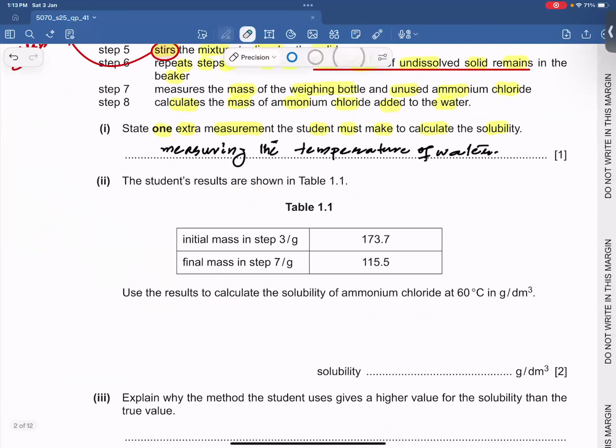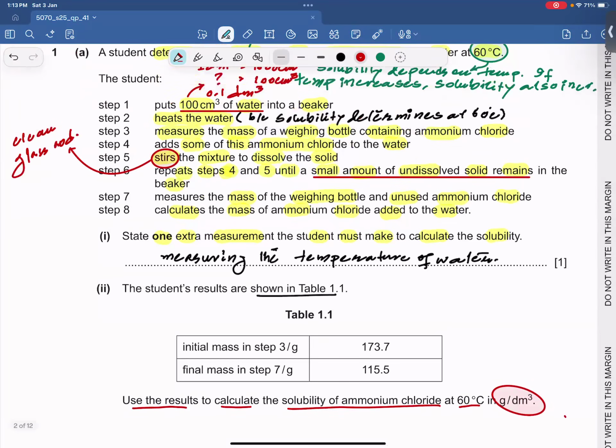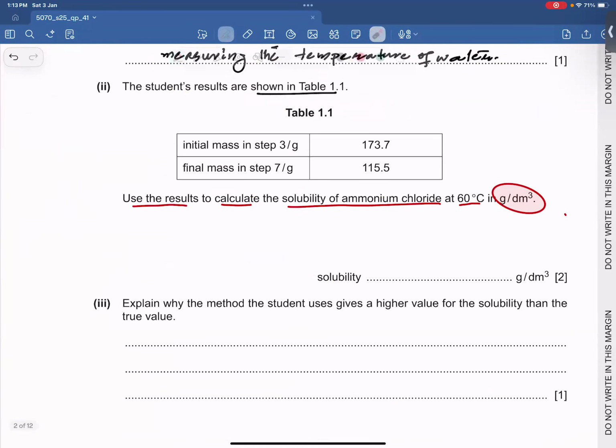The student's results are shown in table 1.1. Use the results to calculate the solubility of ammonium chloride at 60 degrees Celsius in gram per dm cube. That's the concept I was talking about initially, mentioned in the form of a definition.